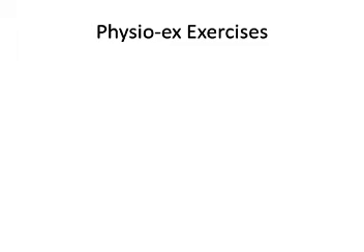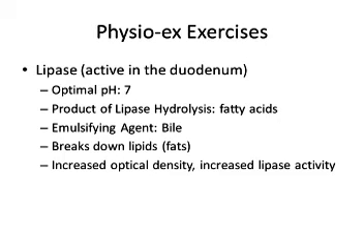Next, I'm going to go over the PhysioEx exercises. The first thing that you did is that you measured the activity of lipase, and lipase is an enzyme that is found in the duodenum. The duodenum is also neutral, so lipase's optimal pH is 7, meaning that at a pH of 7 it's the most active.